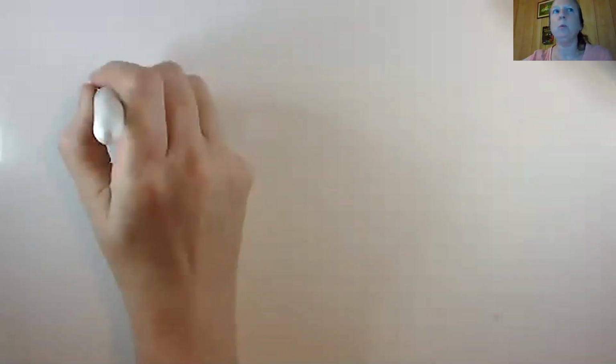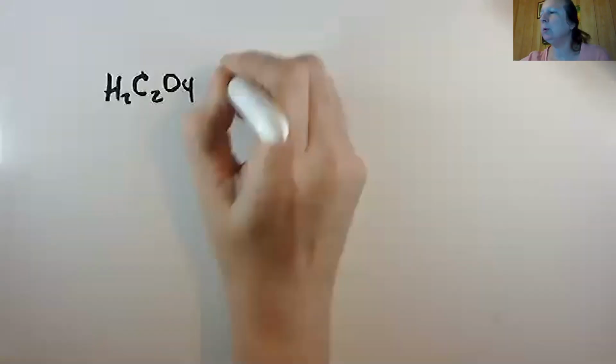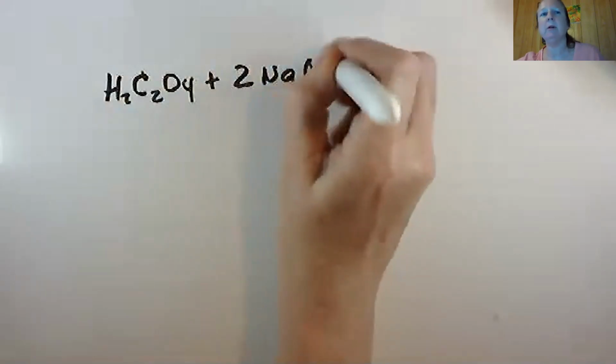Just like everything else, if you go through the same steps every time, it will work every time. Again, I'm going to eliminate the phases just because of space issues. And I started too far over. Let me do this again.